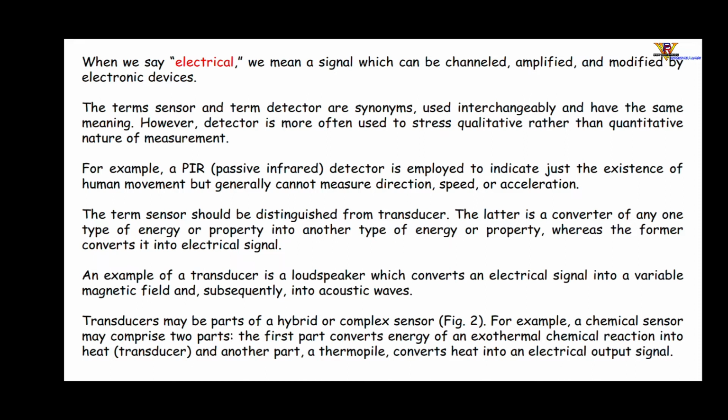Then in another part, a thermopile can be used to convert that heat into an electrical output signal. So here sensing is done in two parts: first, the chemical energy is converted into heat, and that heat energy is converted into an electrical output signal.